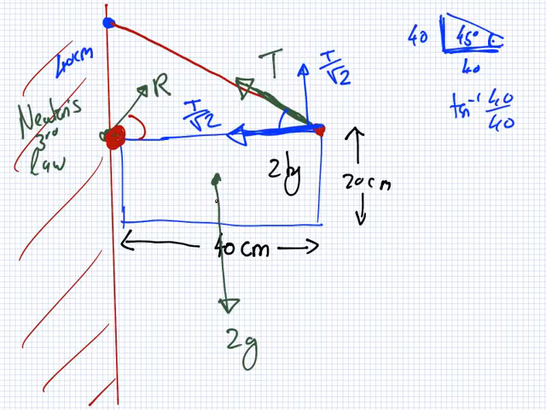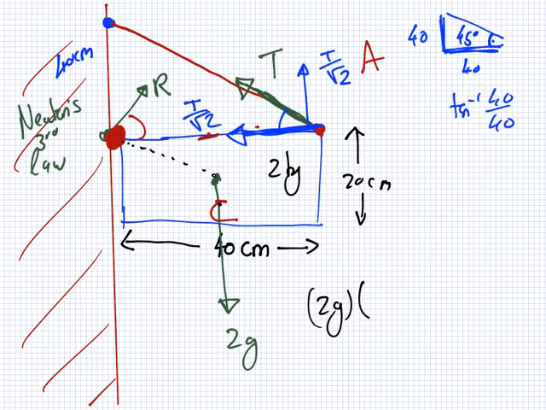This force, clockwise or anti-clockwise? Clockwise, and this one here? Anti. And why do I not care about this one? Because it's going into the turning point. Right, so the clockwise turning force will be the force, which is 2G, multiplied by the distance, which is what? 0.2.